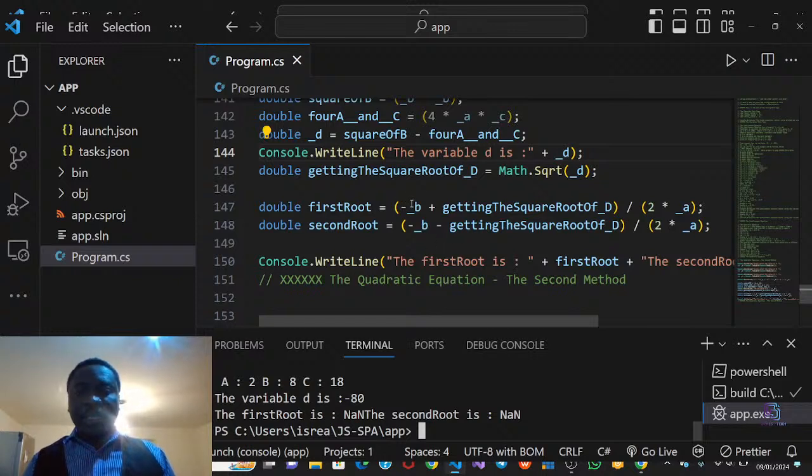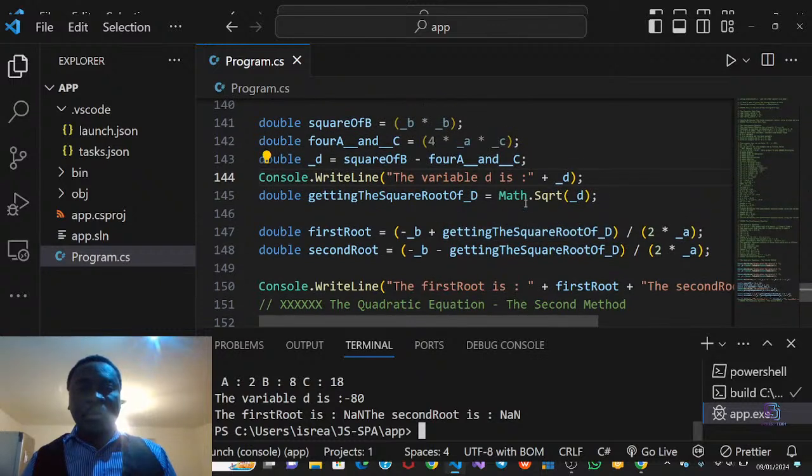That will be minus b plus or minus the square root of b squared minus 4ac over 2a. So Math.Sqrt of d. With this, let's print out this Math.Sqrt of d.